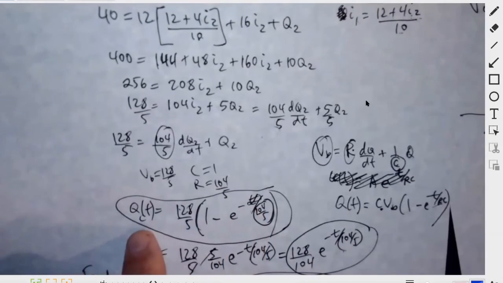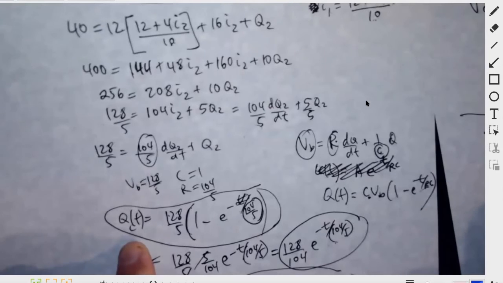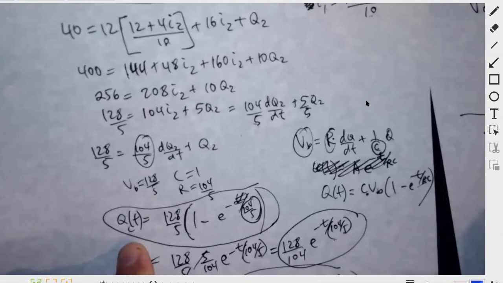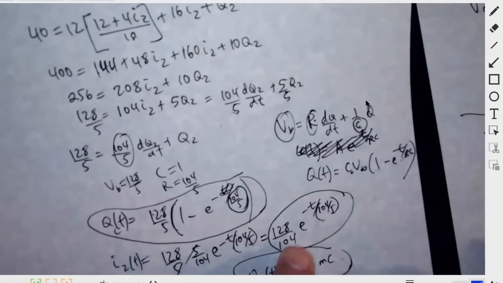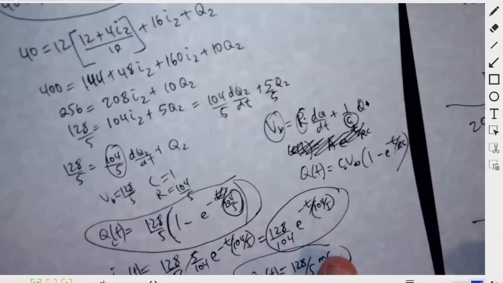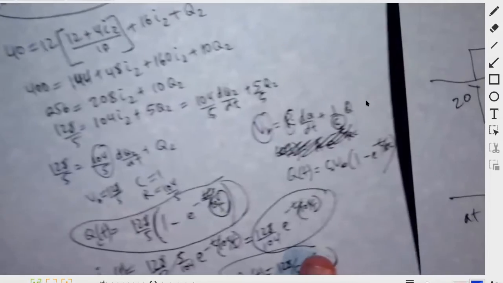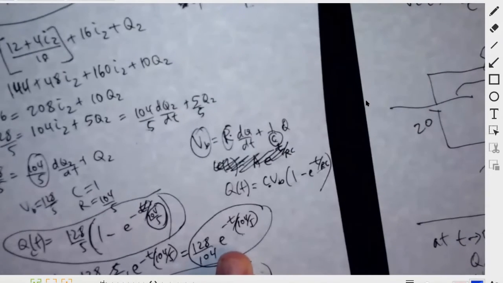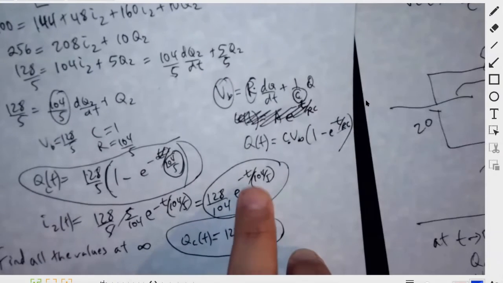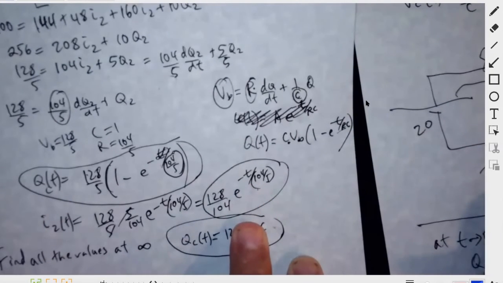So the charge of the capacitor is 0, and the voltage of the capacitor is 0. Then what's the initial current I2? You put e to the 0 here. What are you going to get? For I2, e to the 0 is 1. So the initial current for I2 is 128 over 104.